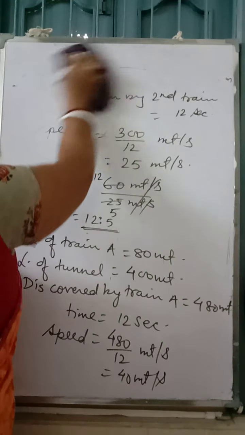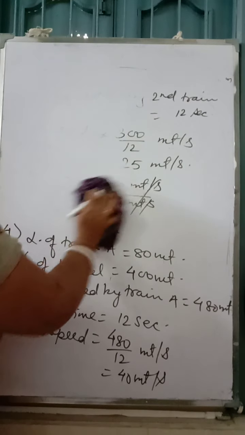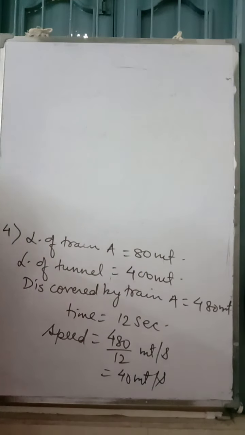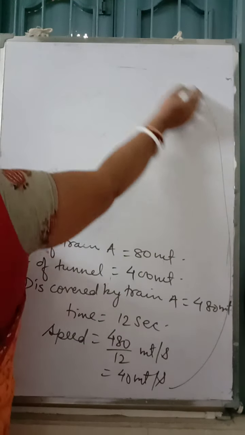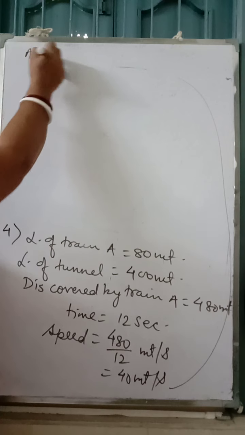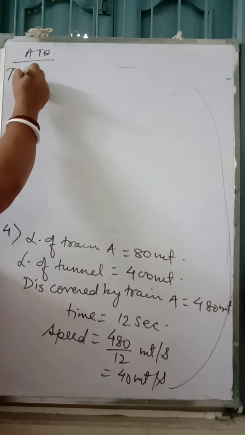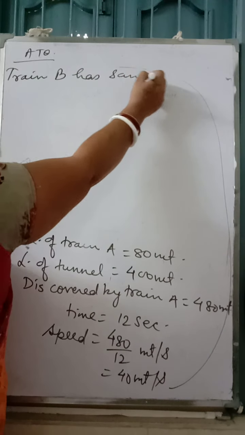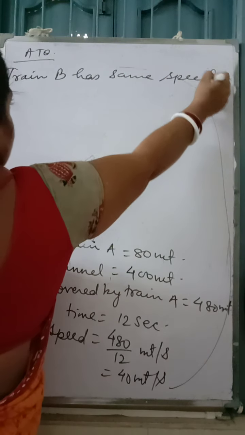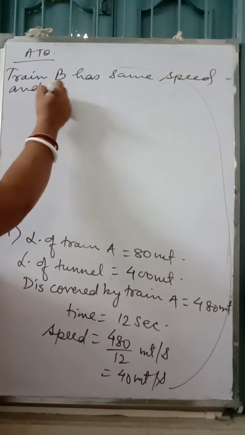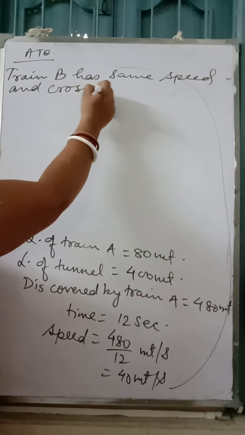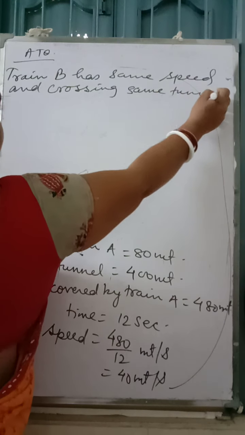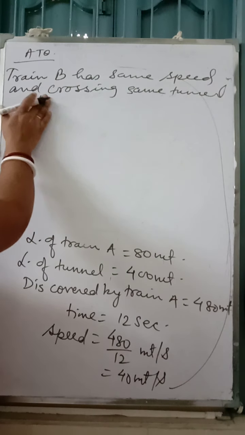According to the question, train B also has the same speed and is crossing the same tunnel in 15 seconds.